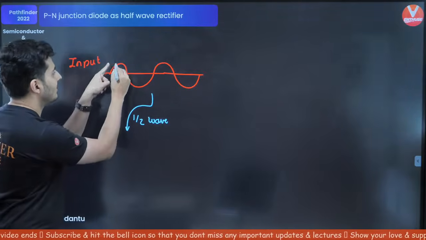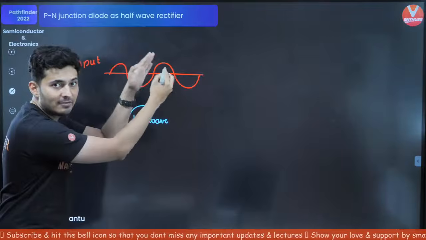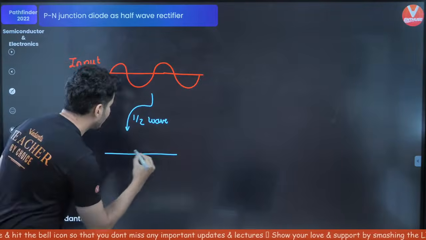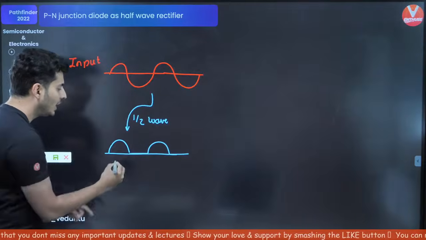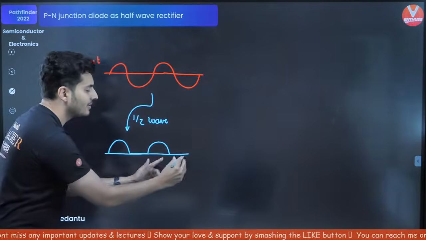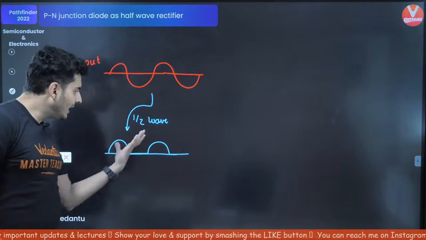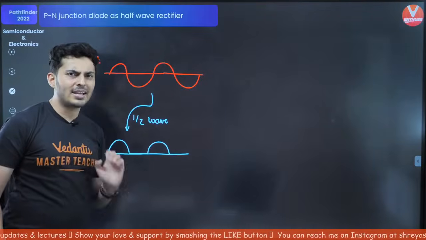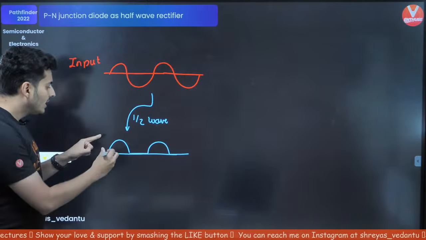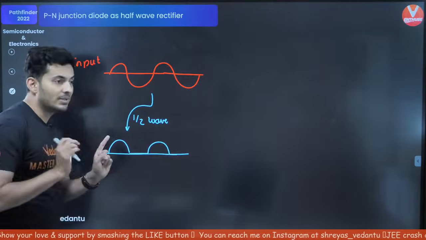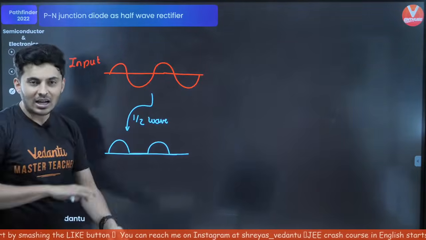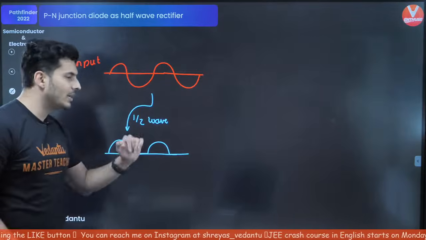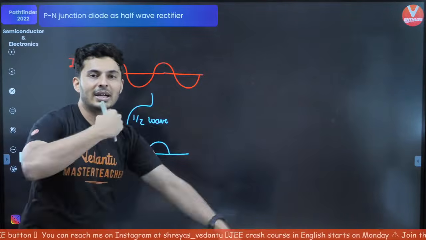Meaning, if this is your AC wave, then you will see only this part, then flat, only this part and then flat. You can see the negative half is not there. When that negative half is eliminated, what has happened? Look at this. In this bump or this bump, the current is only flowing in one direction. The other half is completely eliminated.